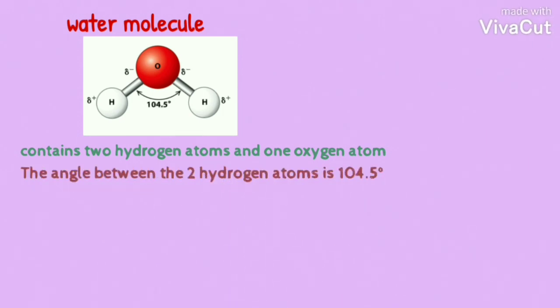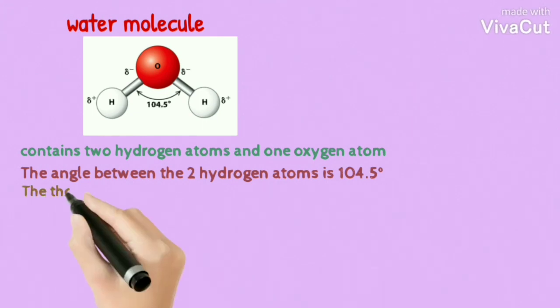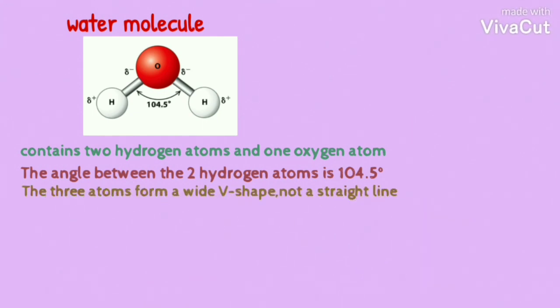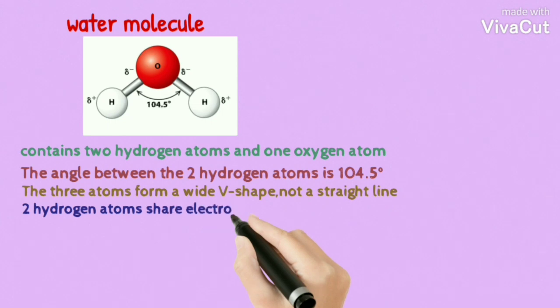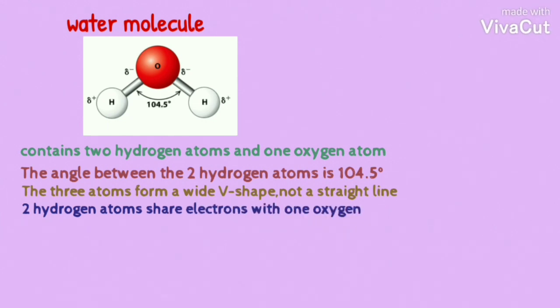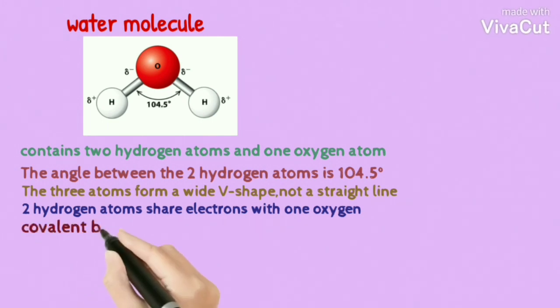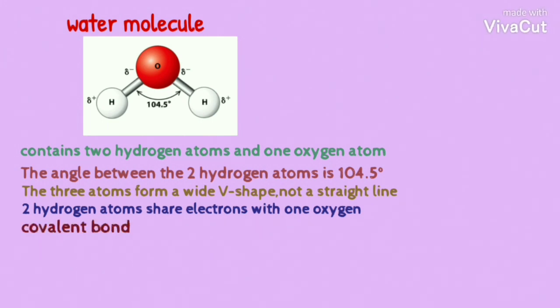The angle between the 2 hydrogen atoms is 104.5 degrees. The 3 atoms form a wide V shape, not a straight line. The 2 hydrogen atoms share electrons with 1 oxygen. The sharing of electrons makes a covalent bond.